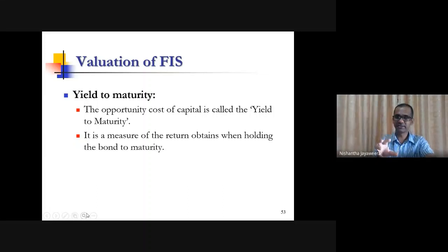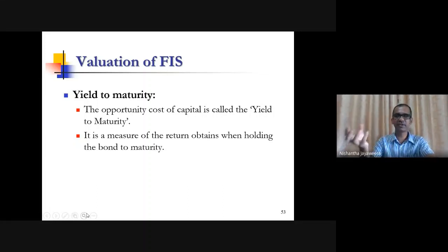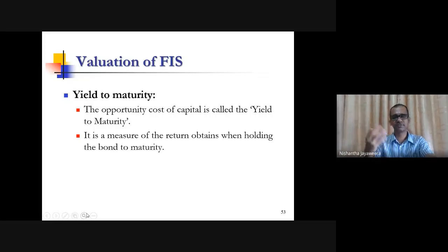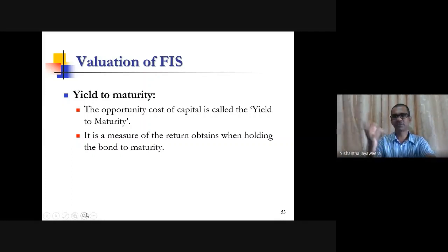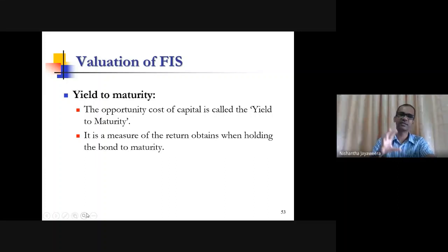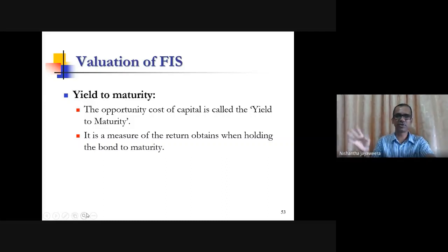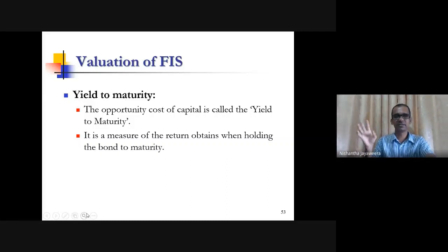Depending on that, whether the issuer will get less or more than face value will be decided. That's why I didn't use the amount borrowed as the face value. What the issuer pays at maturity is the face value, the principal that was agreed.